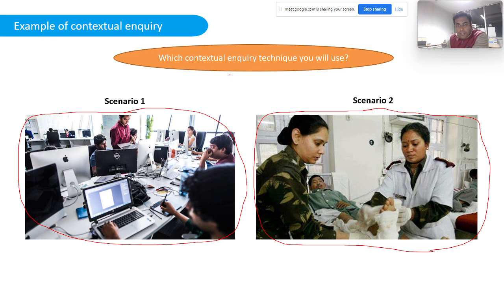Basically, if you look at an environment like an office scenario, there are a lot of people working in this environment. On the first day of your inquiry, you probably will not be able to talk to any of these personnel because you may not know them.